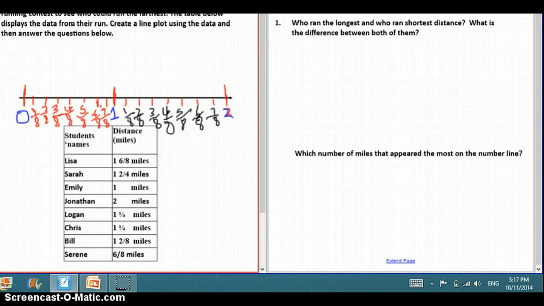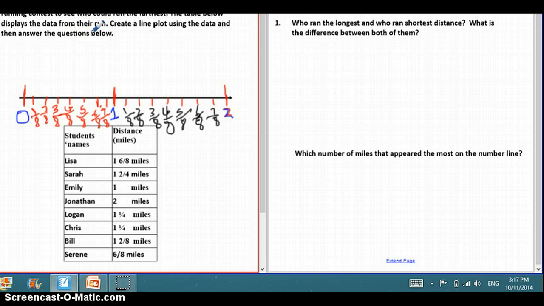After I broke in between the whole numbers into eighths: 1/8, 2/8, 3/8, 4/8, 5/8, 6/8, 7/8, one whole number, then 1 1/8, 1 2/8, 1 3/8, 1 4/8, 1 5/8, 1 6/8, 1 7/8, and 2.